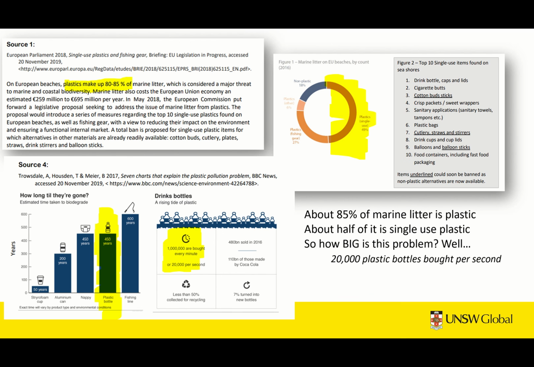How big is the problem? 20,000 plastic bottles bought per second, and each bottle takes 450 years to degrade. Punch! That gives your supporting evidence much more power, much more strength than just identifying those ideas singly on their own.